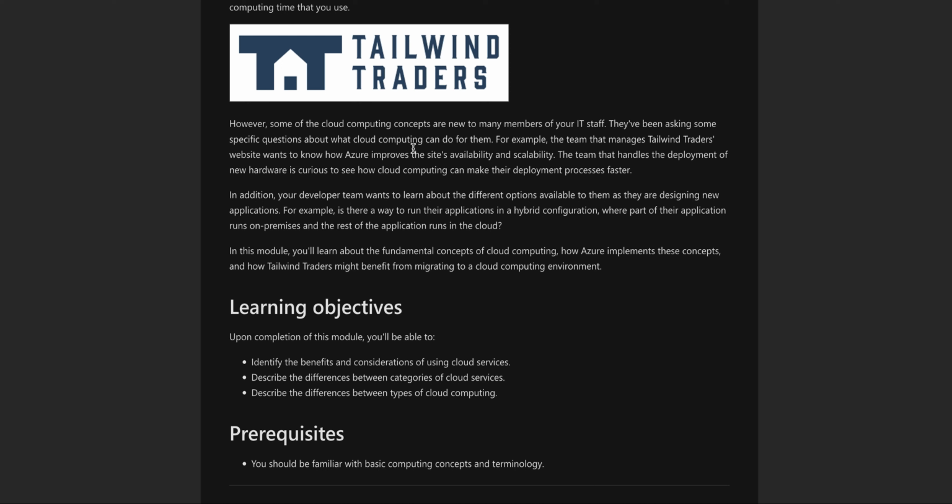For example, the team that manages the Tailwind Traders website wants to know how Azure improves the site's availability and scalability. The team that handles the deployment of new hardware is curious to see how cloud computing can make the deployment processes faster.